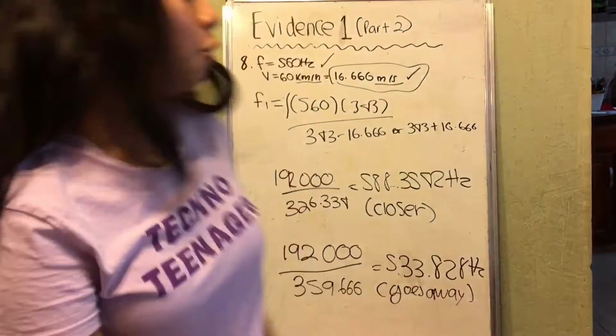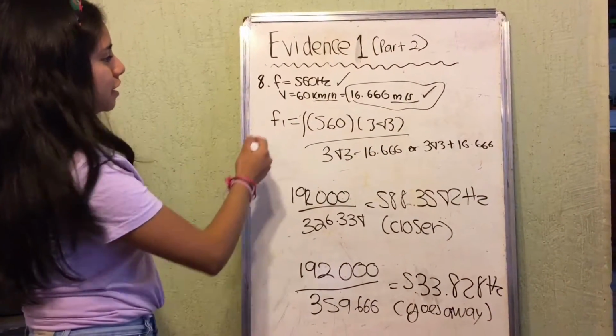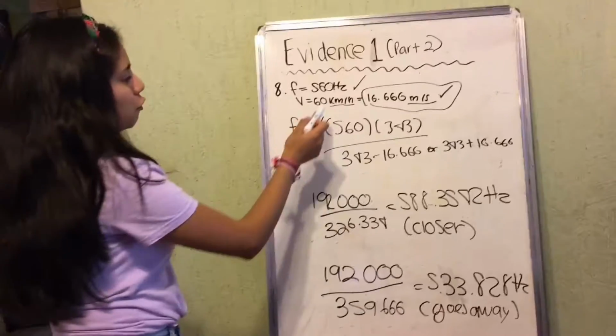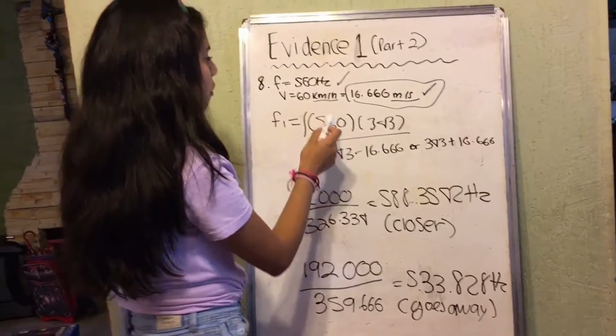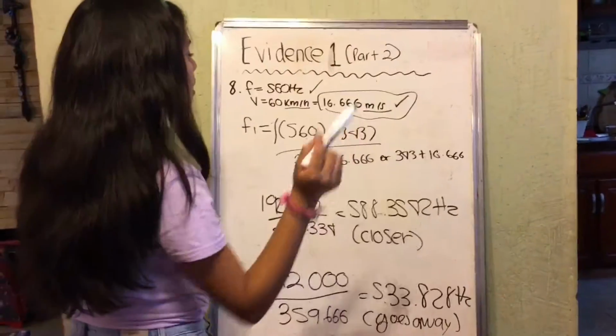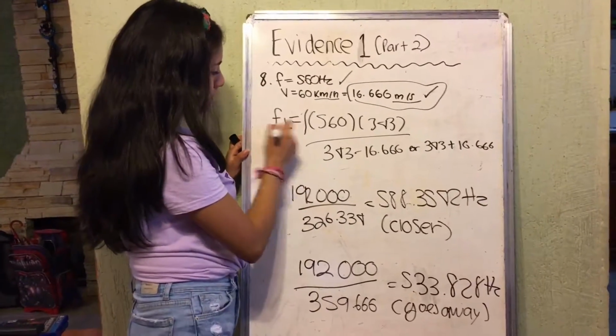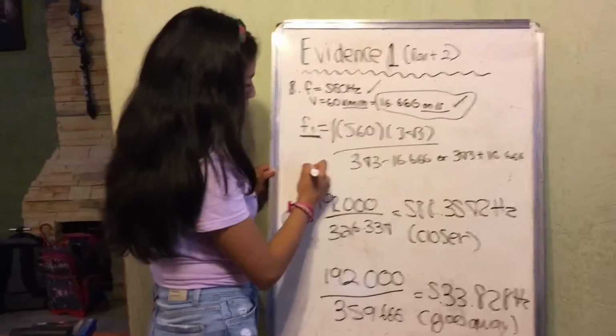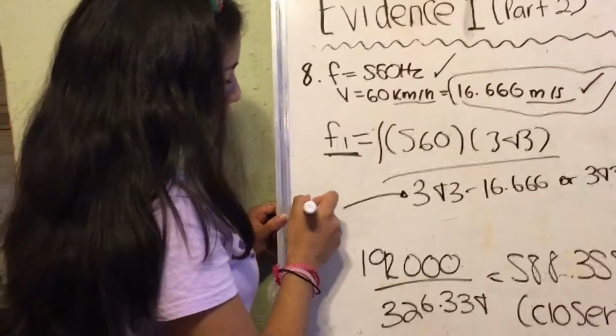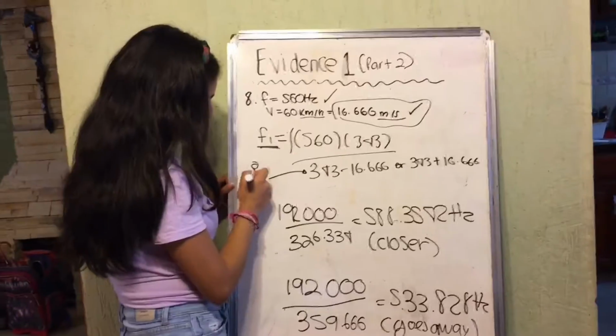Okay, we have to identify what we have. In this case we have frequency, and we have velocity in kilometers per hour, so I change it to meters per second. We want to know the frequencies when the car goes away and when the car comes closer.